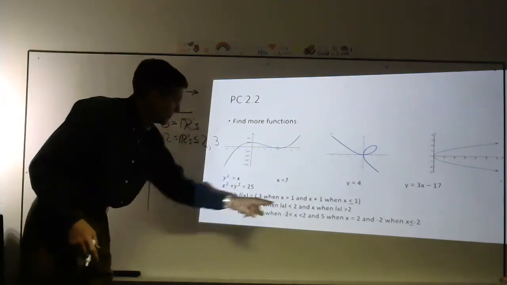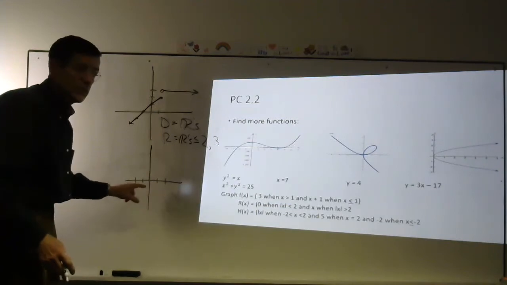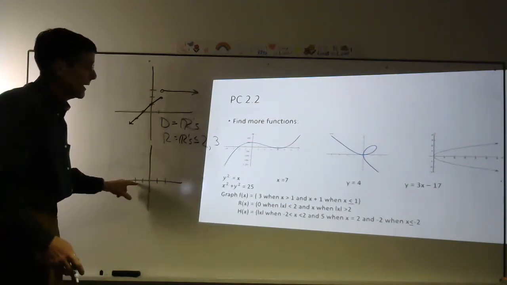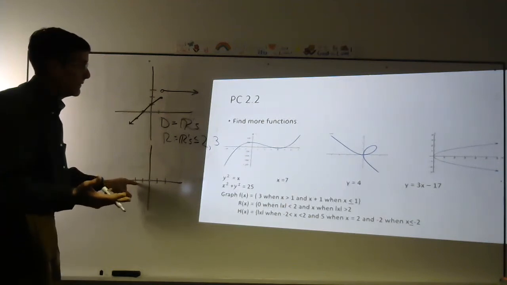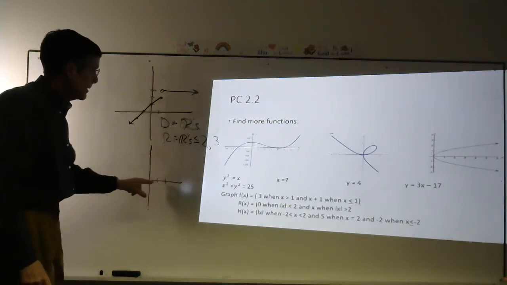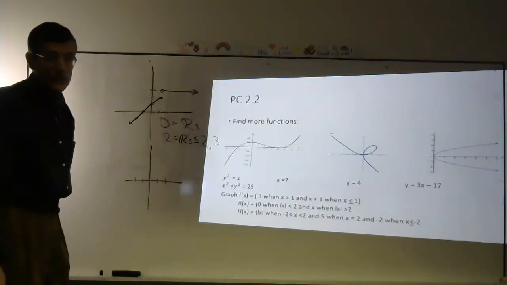When absolute values are less than 2, the x's need to be between -2 and 2. Like the absolute value of -1 1/2 is +1 1/2, and that's less than 2, okay? So when absolute value of x is less than 2, you're in between 2 and -2.